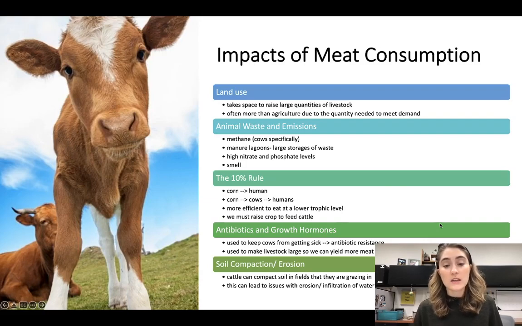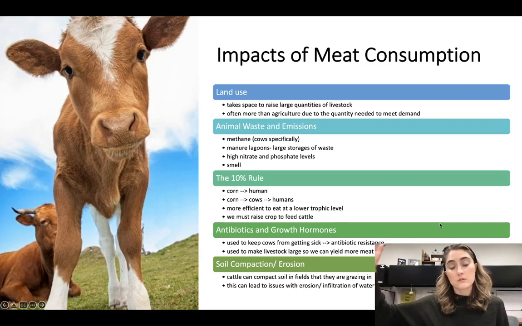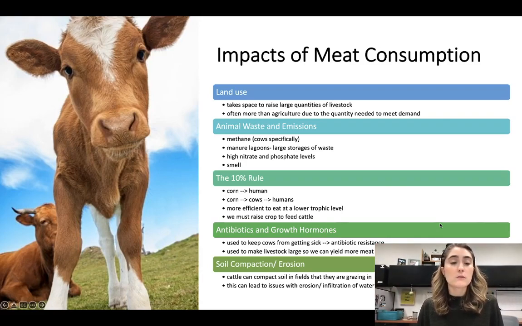Now, if a human eats corn, we are gaining the majority of the energy from the corn, and it's more efficient. Whereas if we have to feed corn to cows and then humans have to eat those cows, that's more levels, more transfers through the trophic pyramid. So it's less efficient to eat at that trophic level.